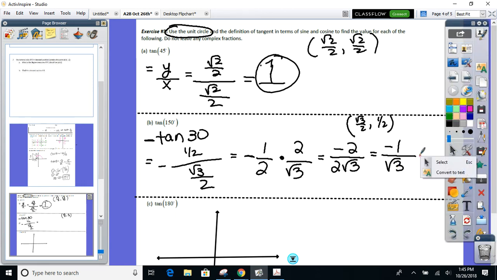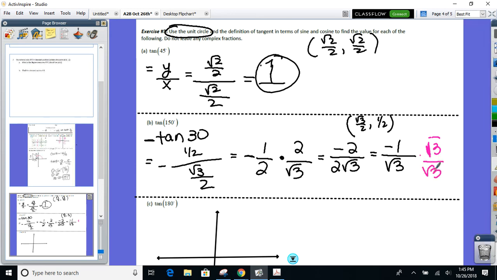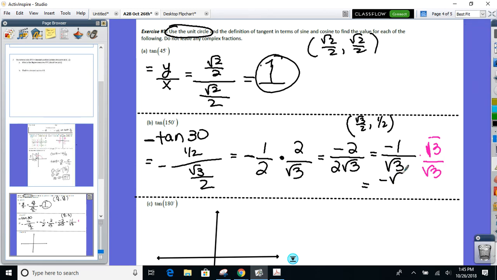Multiply top and bottom by radical 3. All right, so final answer here: negative radical 3 over 3.